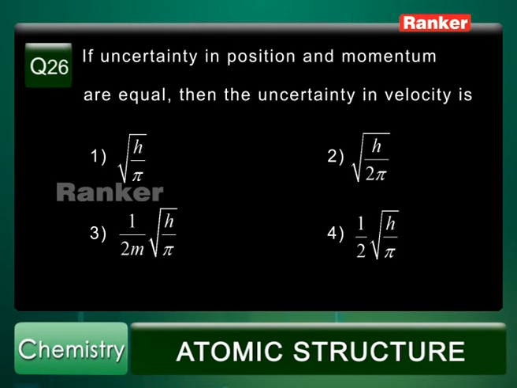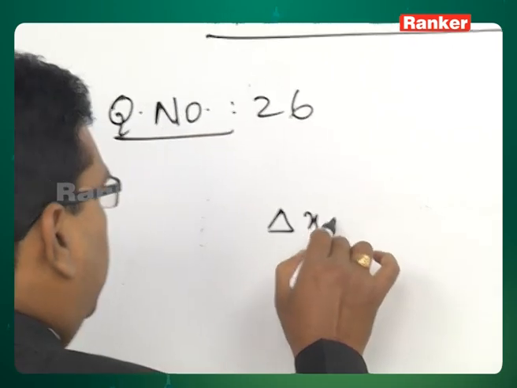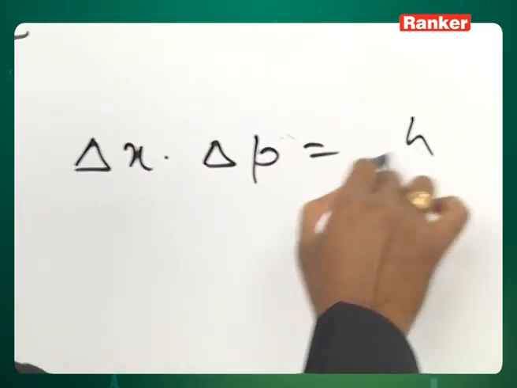Question number 26 is again based on Heisenberg's uncertainty principle. If the uncertainty in position and momentum are equal for an electron, the uncertainty in its velocity is. Here delta x into delta p is equal to h by 4 pi.